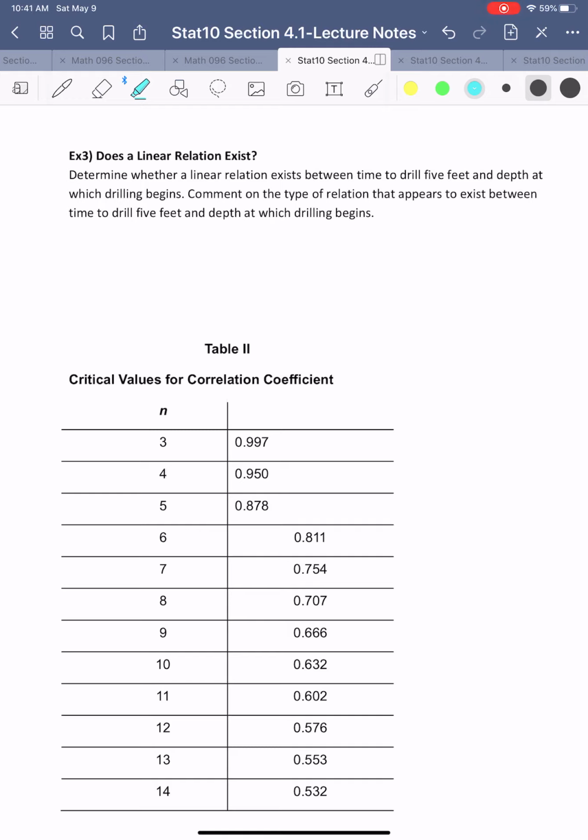Determine whether a linear relation exists between the time to drill 5 feet and the depth at which the drilling begins. Comment on the type of relation that appears to exist between the time to drill 5 feet and the depth at which drilling begins.